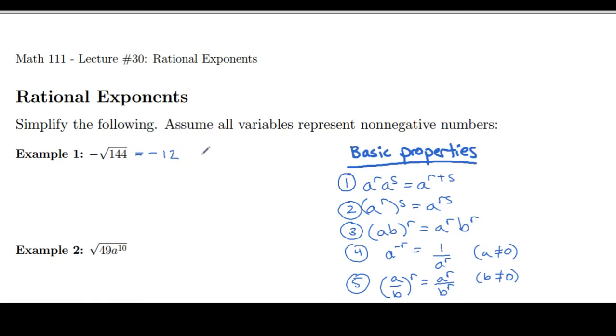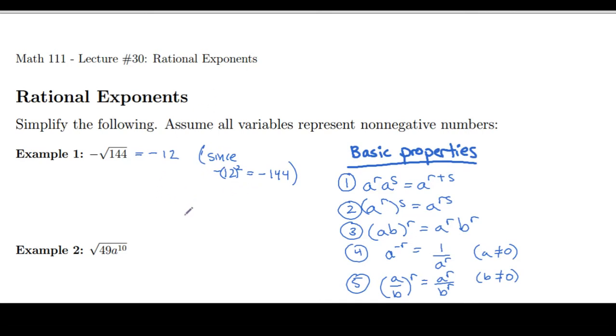Since negative 12 squared, notice that this part is sort of in parentheses, is negative 144. And notice that's different than if I took negative 12 and put that in parentheses and squared it. That would actually be positive 144.